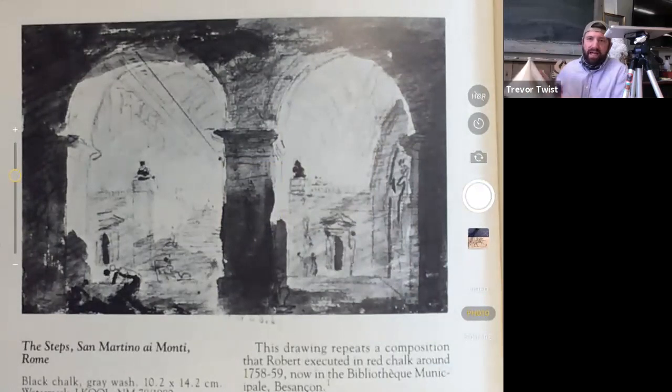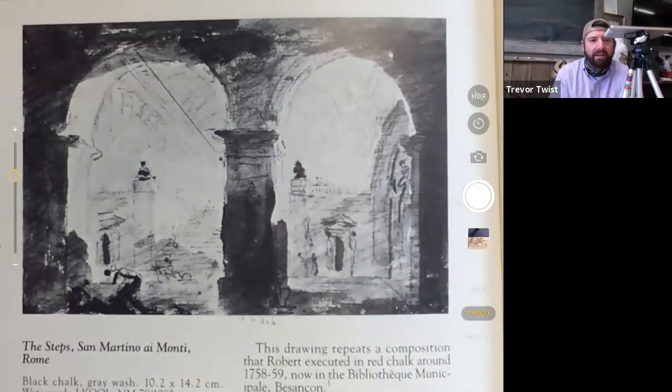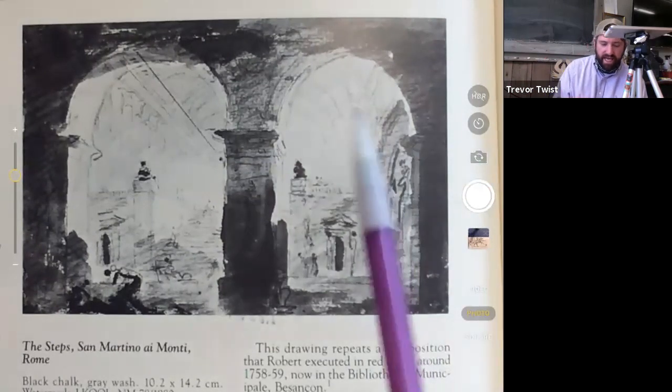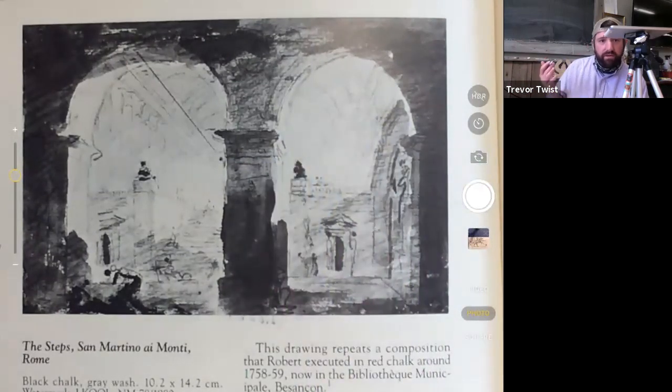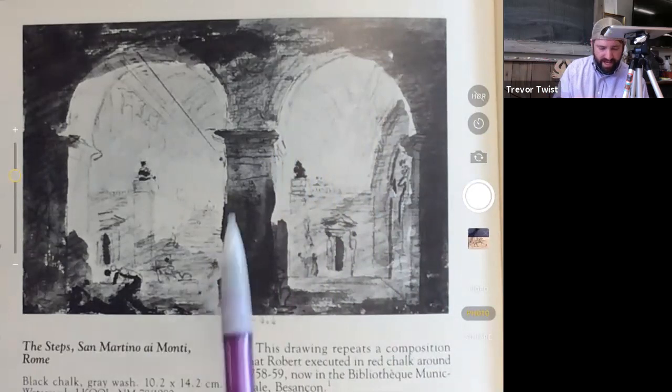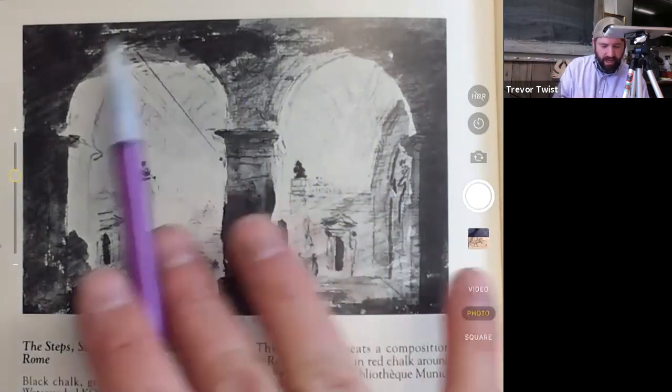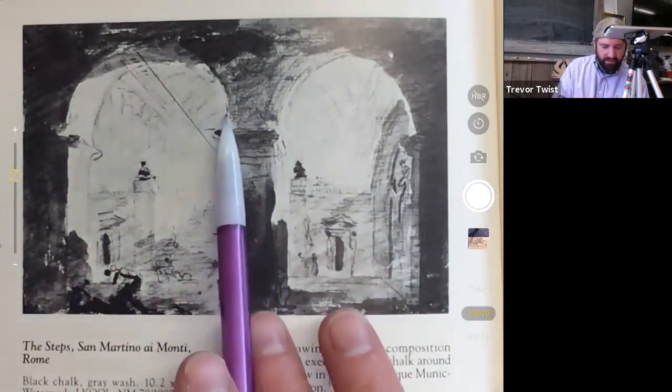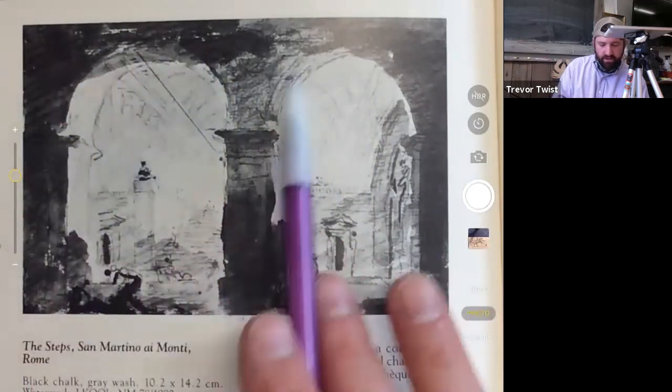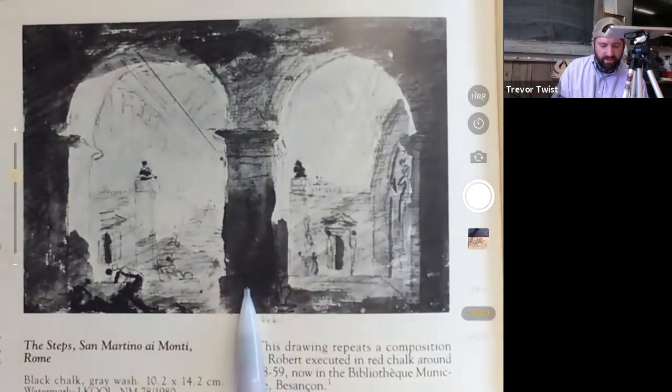So this one, we may not have time to do, but at least I can explain it. This is a combination of the two that we just did, because it's a grandiose space. I think it's a cathedral in Rome, and it's got a double column. So you've got this arc here, and this column here.